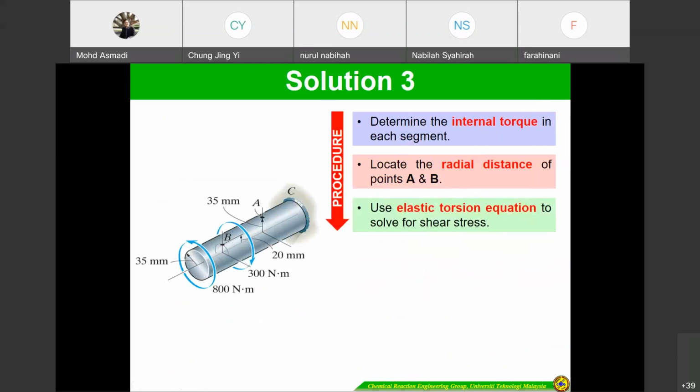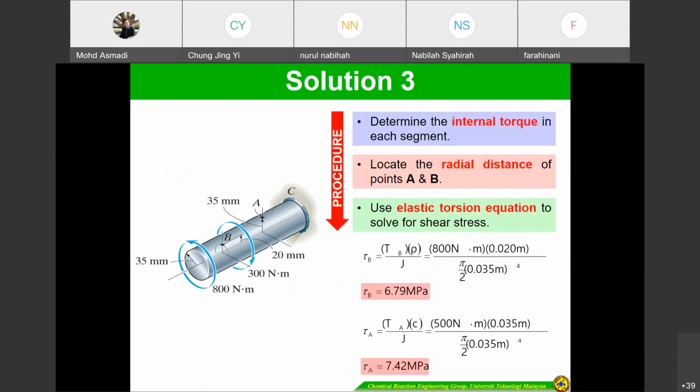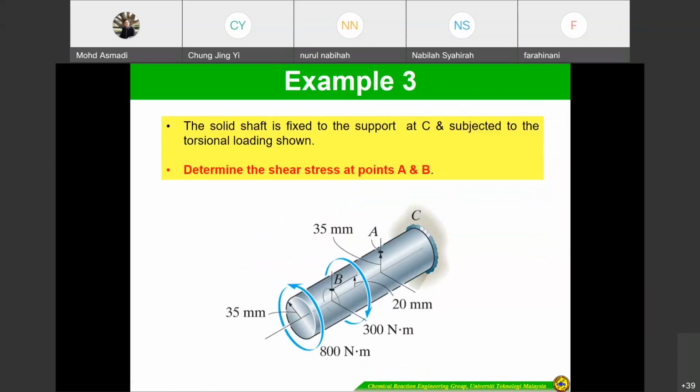I think this is the easiest example. It stated that for this example, determine the shear stress at points A and B. This one is around 20 millimeter from the center, and this is 35 millimeter from the center, meaning this is the outer.